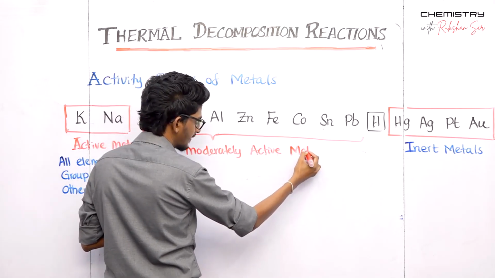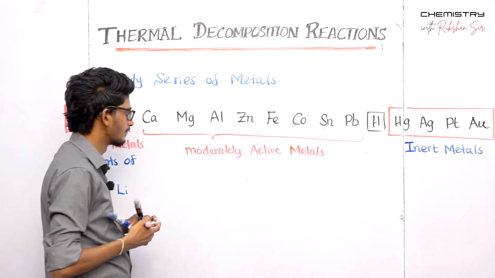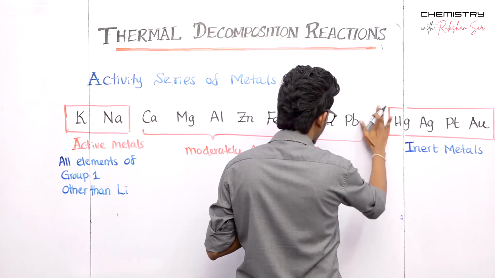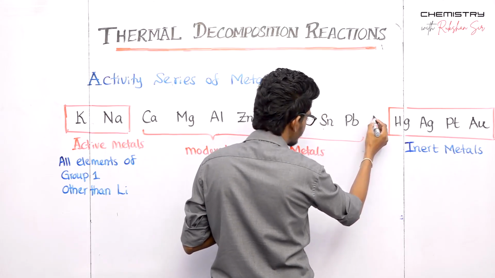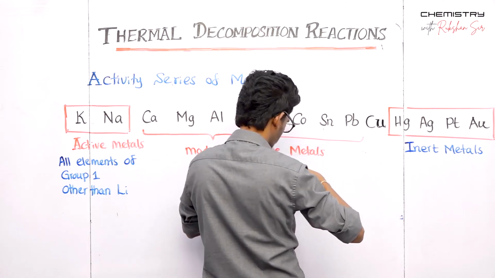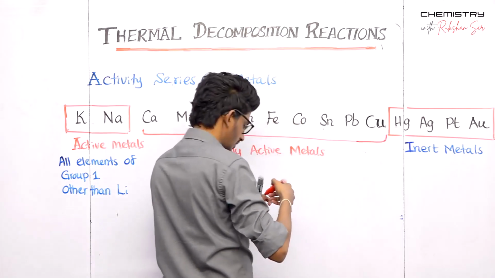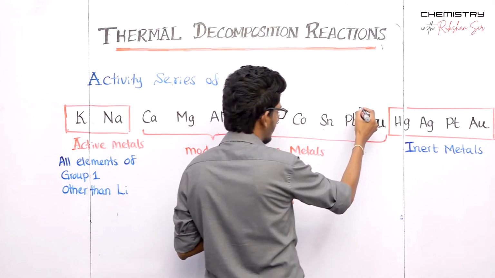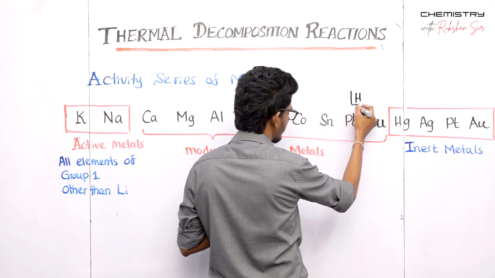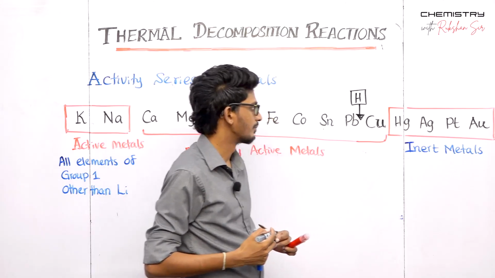Even lithium comes under those moderately active metals. Sorry, we have another one here, copper. Copper is also a moderately active metal. This is the position of hydrogen in the activity series. After hydrogen, you have copper, mercury, silver, platinum, gold.